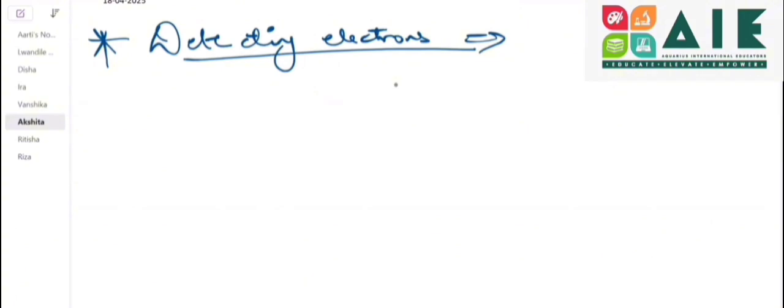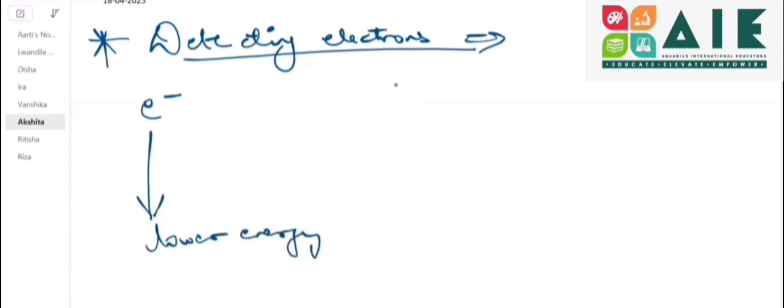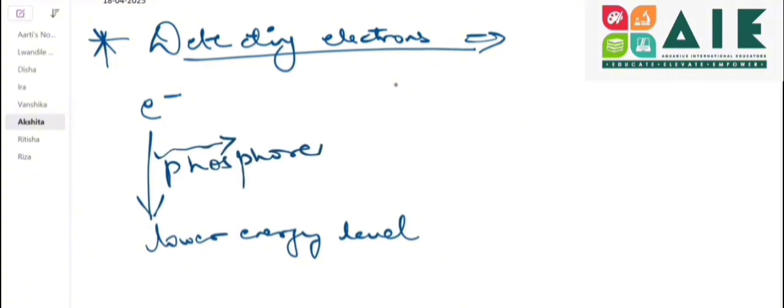Now when the atomic electrons go back down to a lower energy level, they give out light, which is known as phosphorescence light. I'm saying when the electron goes back to a lower energy level, they give out phosphorescence light.